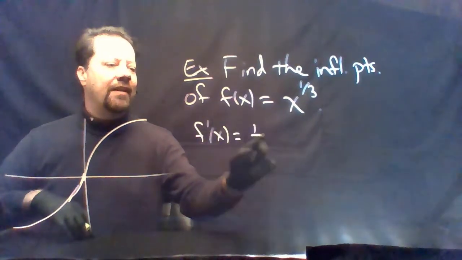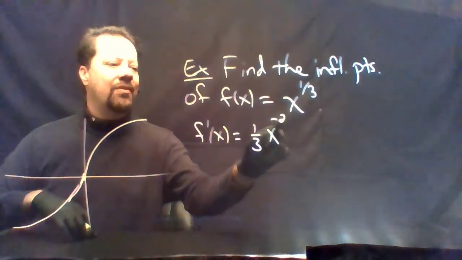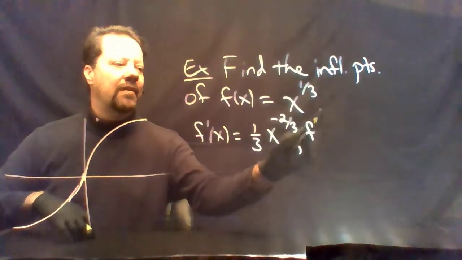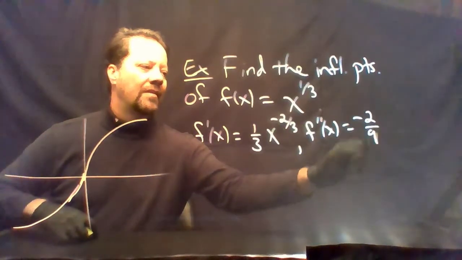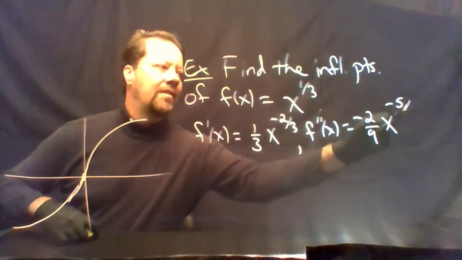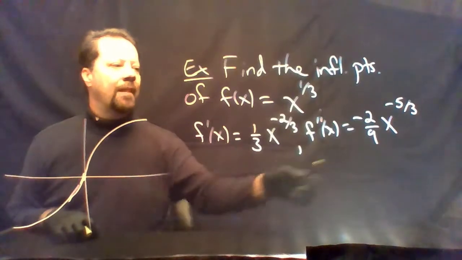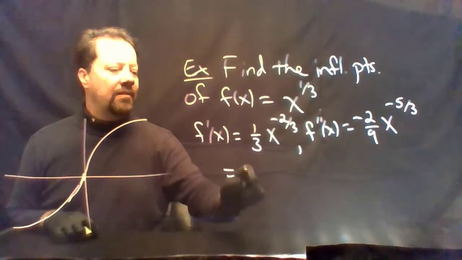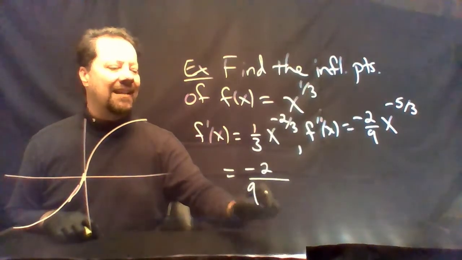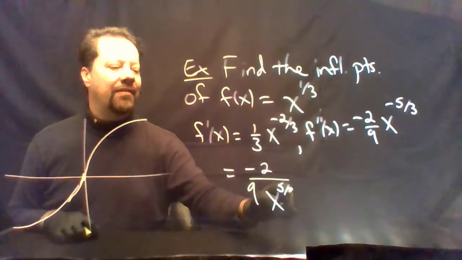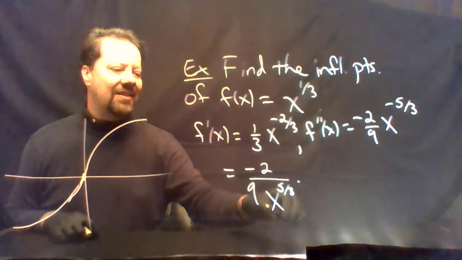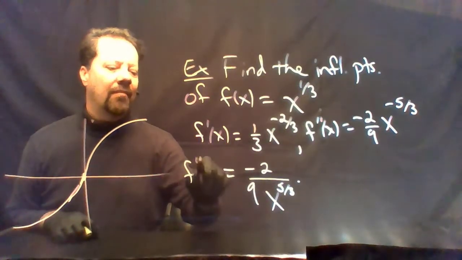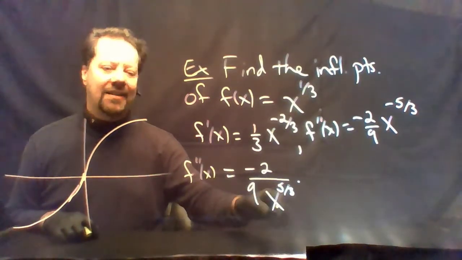Calculating the derivative, we have 1/3 x to the minus 2/3. The second order derivative is minus 2/9 x to the minus 5/3, which is negative 2 over 9, x to the 5/3. You can see that the second order derivative does not exist at x equals 0.